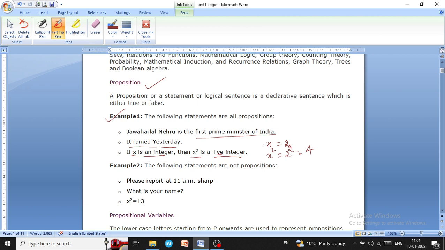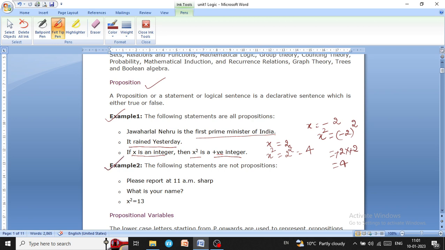If we take x equal to minus 2, then x squared is minus 2 times minus 2, the minus signs cancel, and we again get 4 in positive form. So it's true. Those statements which give the result as true or false are propositions.